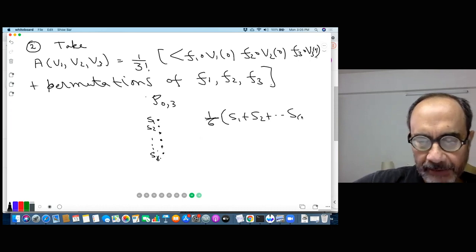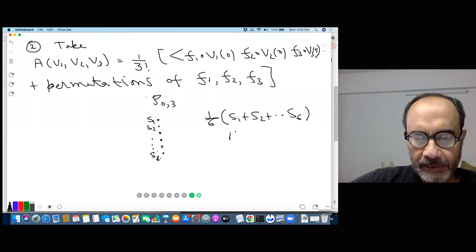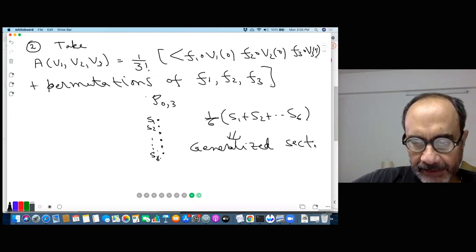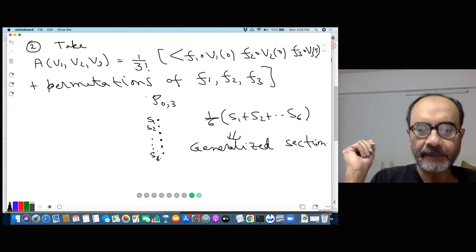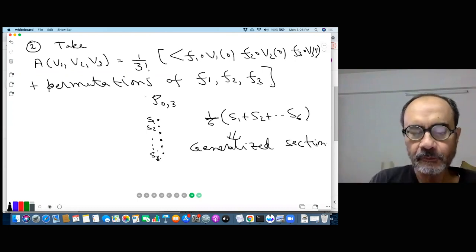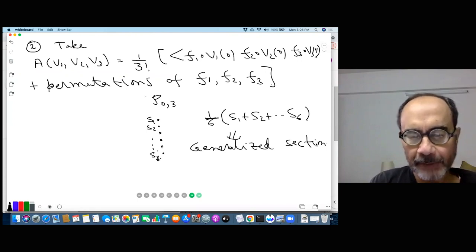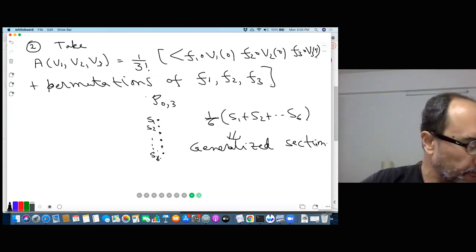This is a formal average, but the meaning should be clear. We can call this a generalized section. For many purposes, generalized sections are useful because a single section may not be the right thing to use, may not be a very convenient thing to use. So we should keep in mind that when we choose a section to specify the off-shell amplitude, we have a choice of taking averages of sections.